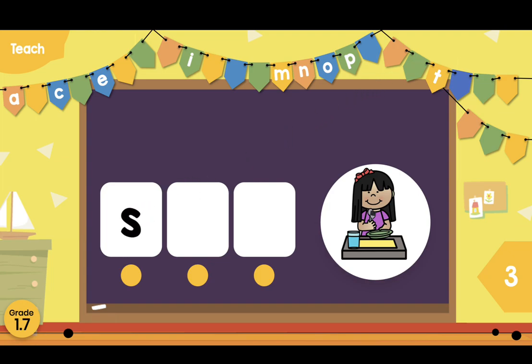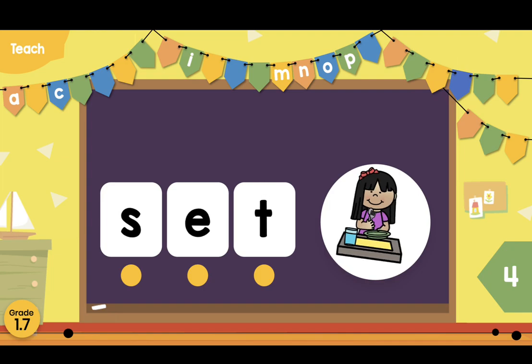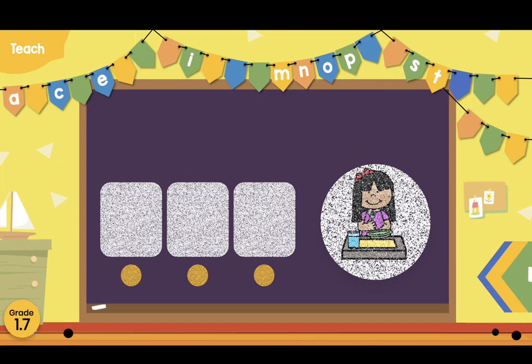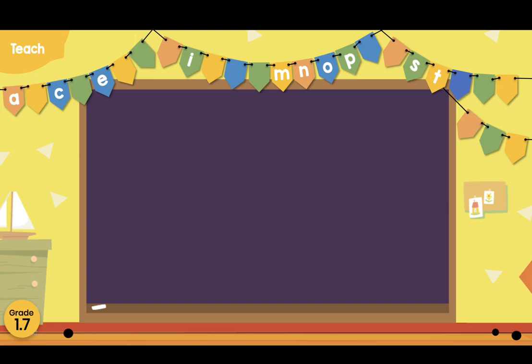S. Can you find E? And lastly, T. Well done. Let's read the letters. S, E, T. Set.